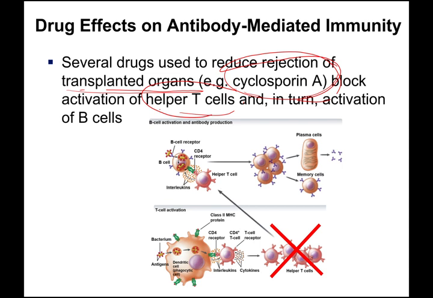By doing that, they won't be able to activate the B cells anymore against, in this case, the organ that's going to be transplanted, which the recipient would take as a foreign organism, right? So by doing that, you block the immune response against the new organ, and you hope that this organ can slowly get accepted by the recipient of the transplant.